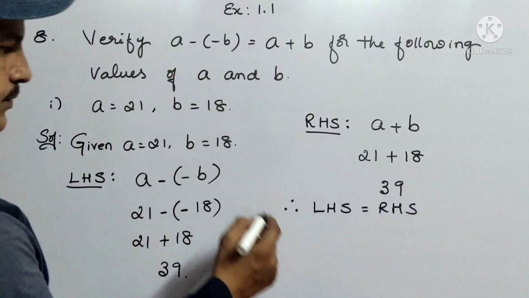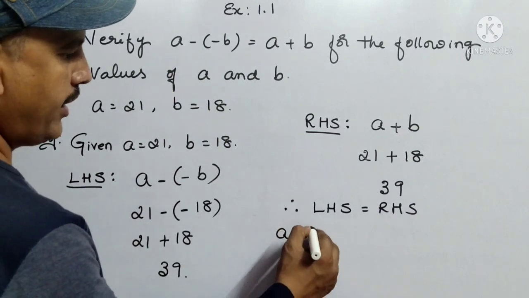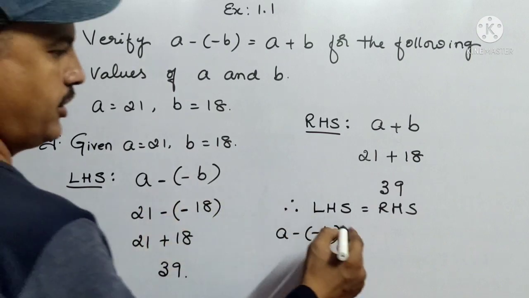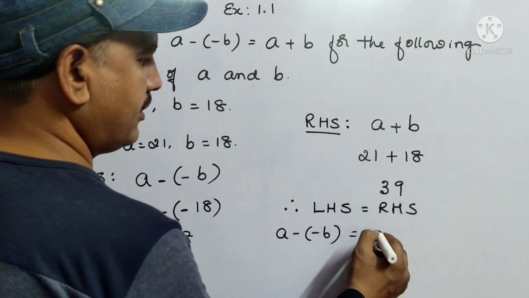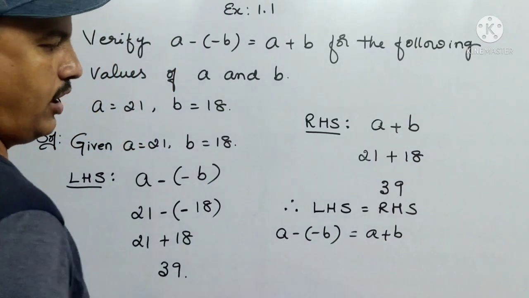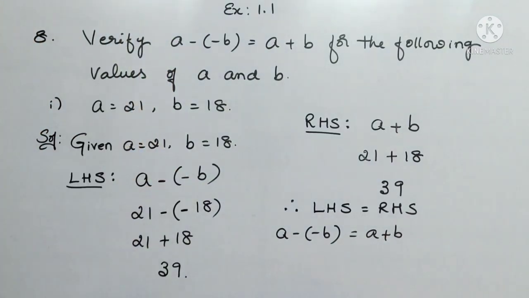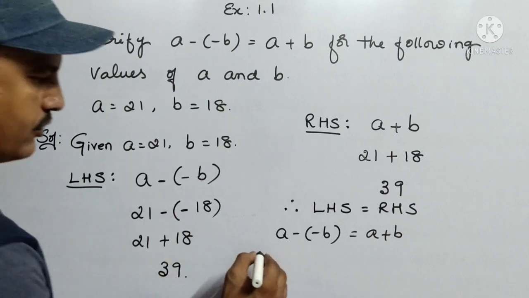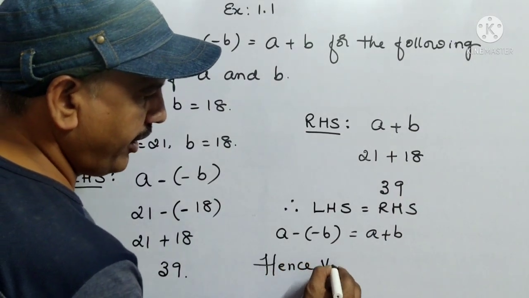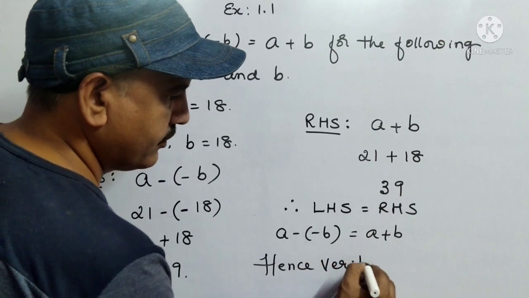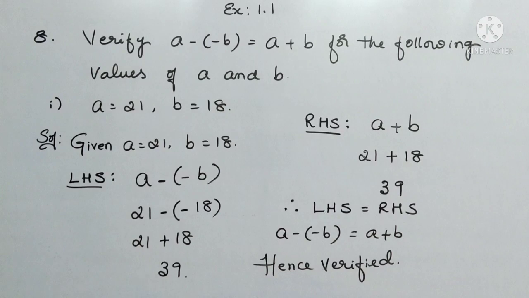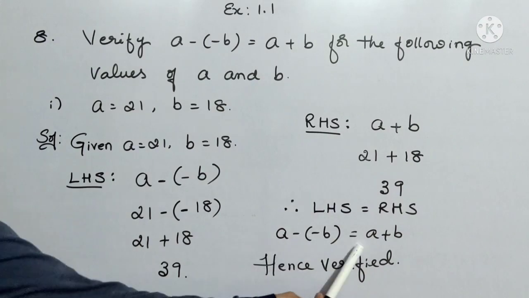That means A minus of minus B, this one, LHS, equals RHS, A plus B. That means LHS equals RHS. Verified. So did you verify? Yes. Hence verified. What did you verify? That these two are equal.